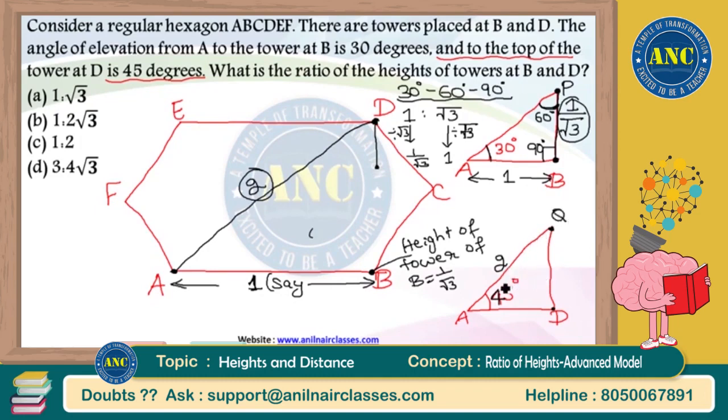So this is 2, which means if this is 90 degrees, this is 45 degrees, this should also be 45 degrees. Or in simple language, let me keep a tower like this. If I keep a tower like this, this particular value will become 2, not the AD value. AD value is 2, and this particular value also will become 2. Why? Because AD is 2, and this is 90 degrees.